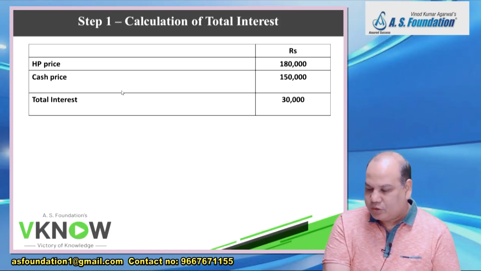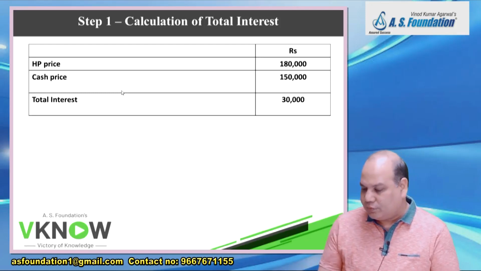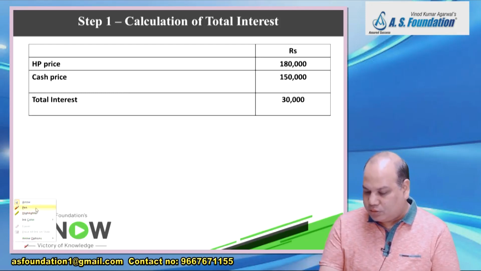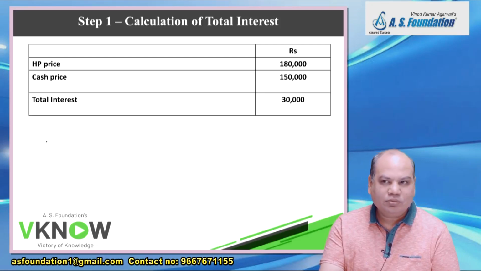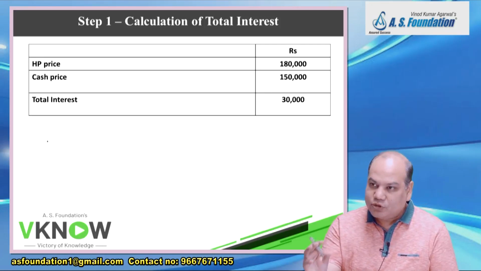Okay. Now how to calculate internal rate of return? So we will have to use one method called interpolation. Which method? Have you heard? Not even one person. No problem. First we'll make a guesswork. What is the guesswork?